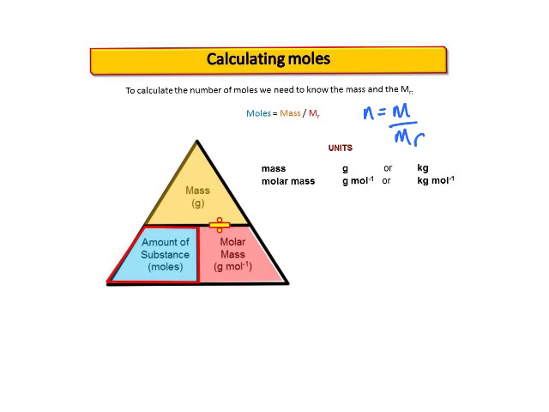Mass, we know the units are going to be grams or kilograms, depending on how large a substance you're using. Number of moles, N, is given the unit moles, and then molar mass, or Mr, is given the units grams per mole or kilograms per mole if you're using quite a lot.